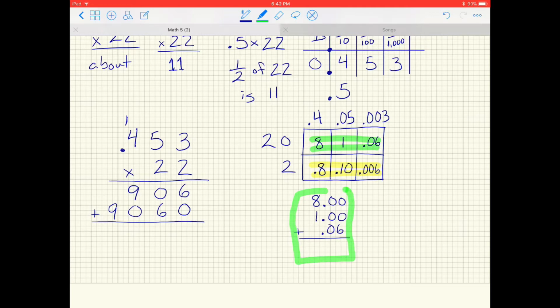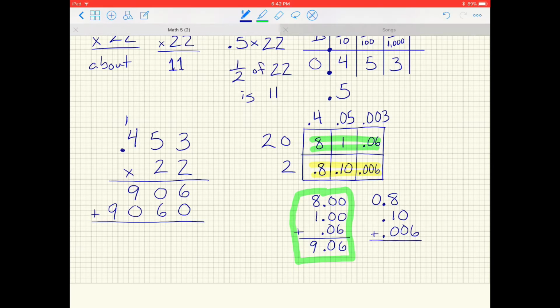Oh, first I'll put it in the green box so you know what's happening. Now can we add it up? Here we go. 9 and 6 hundredths. Okay, how about the yellow ones? 8 tenths, 1 tenth or 10 hundredths, and 6 thousandths.